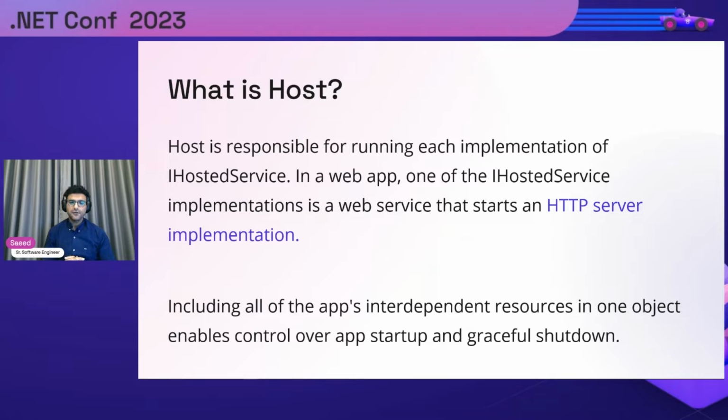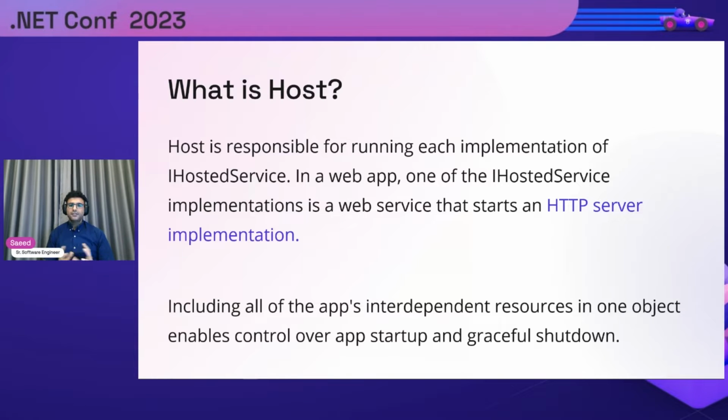But in the case of a web app or web API, there is one built-in hosted service, which is responsible for running our HTTP server. So there is always one implementation of the hosted service which is responsible for running Kestrel as a default and built-in web server. So here is the difference between these two types.